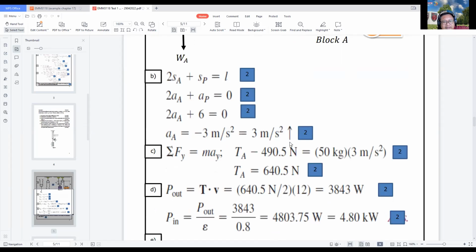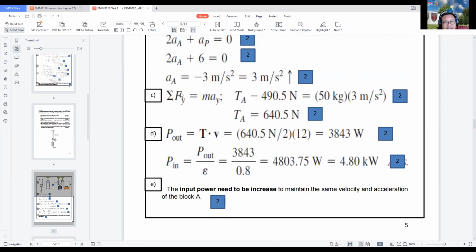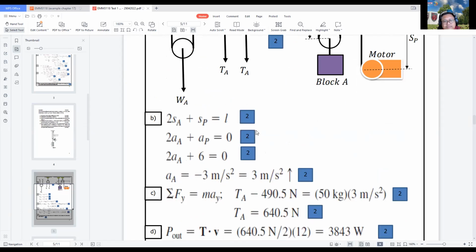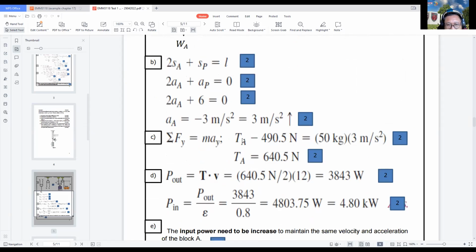That is 3 meters per second squared. Then calculate the summation of forces in the y direction. This solution is actually from the book, but there is a problem: in the summation of forces, it is not TA, it is supposed to be 2TA, there should be a number 2 in front.